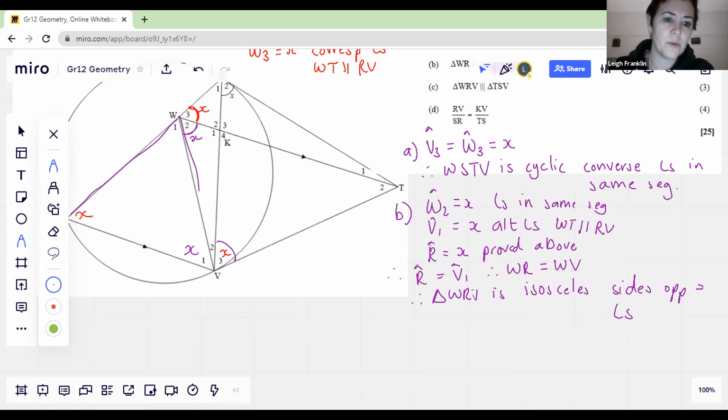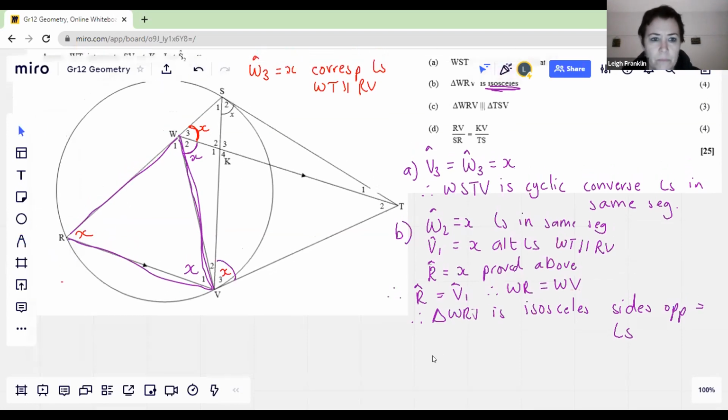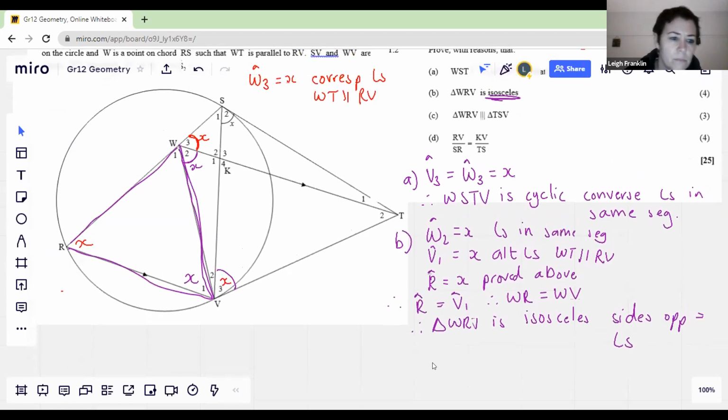Okay, so WRV is this triangle that we've just worked with over here, which I'm now highlighting in purple. And which other triangle? TSV. Okay, so again, I'm just going to get a bright color. TSV.